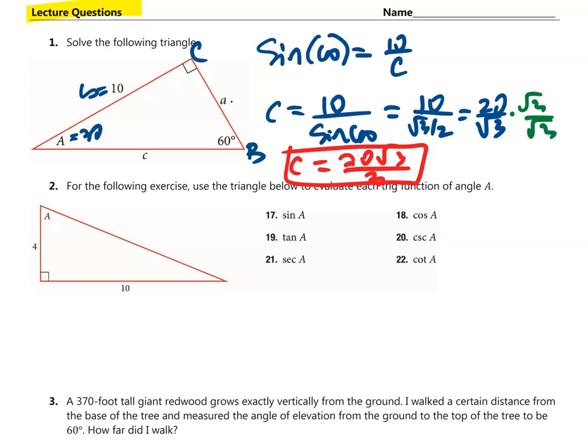A squared plus B squared is equal to C squared, or let's use another method. And that is, if we use tangent, let's use the angle 30, that's opposite over hypotenuse.